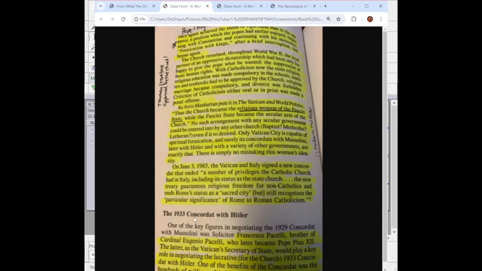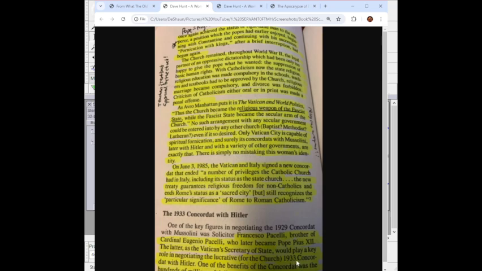The 1933 Concordat with Hitler: one of the key figures in negotiating the 1929 Concordat with Mussolini was the solicitor, brother of Cardinal Pacelli, who later became Pope Pius XII. The latter, as the Vatican Secretary of State, would play a key role in negotiating the 1933 Concordat with Hitler, lucrative for the Church.